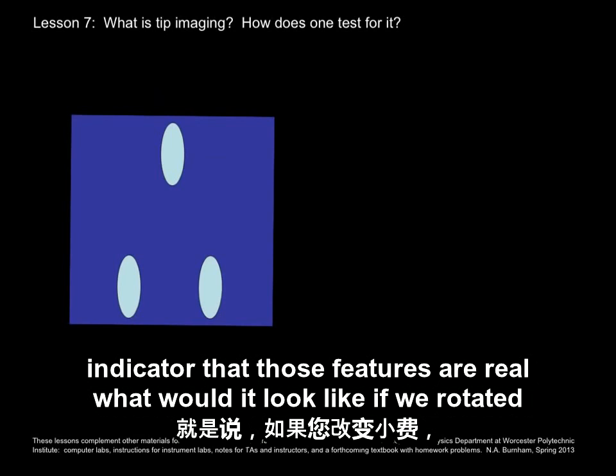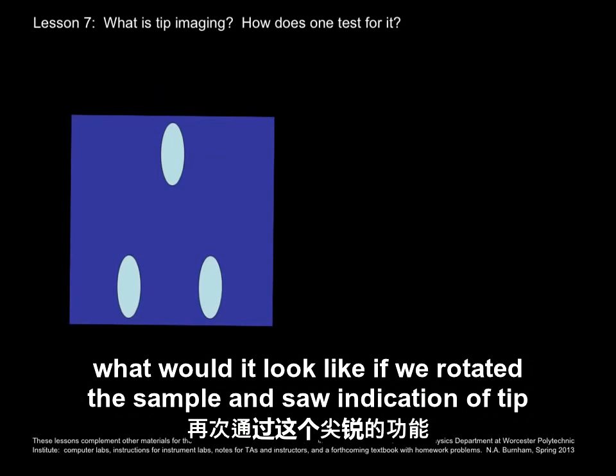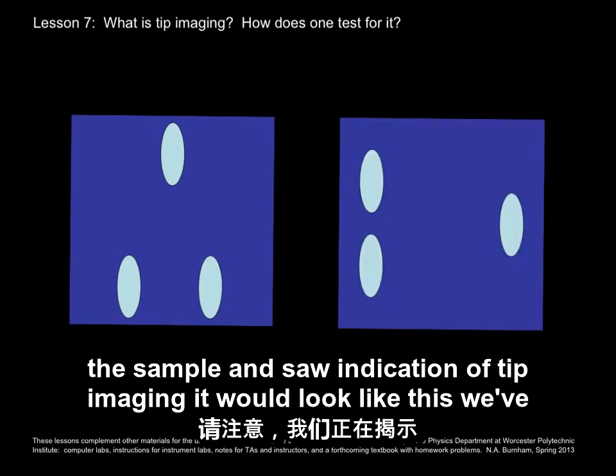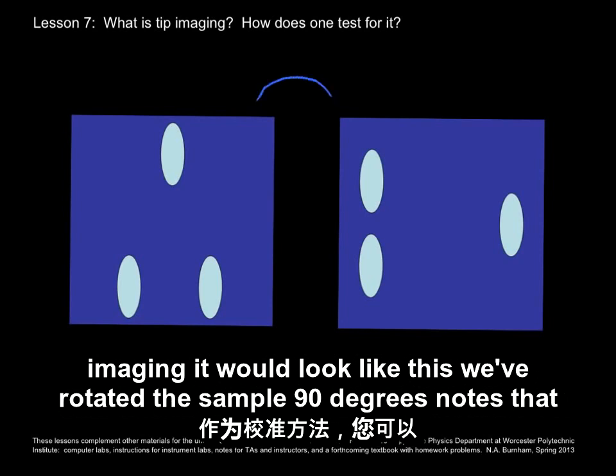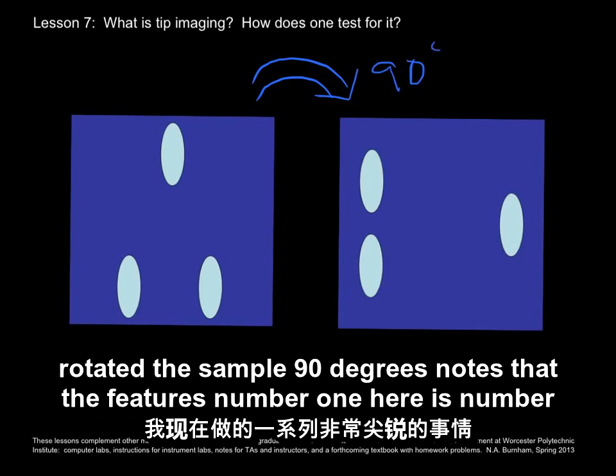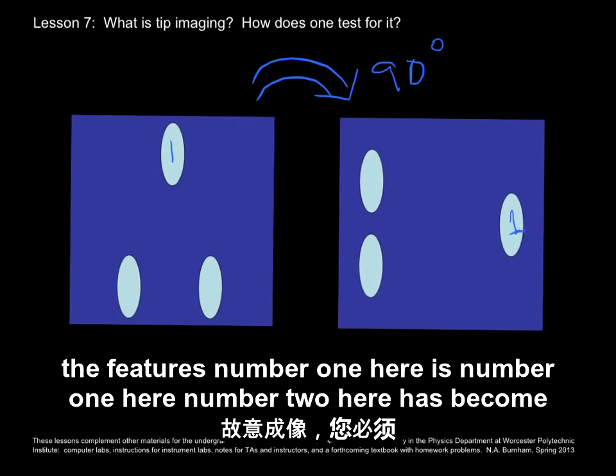What would it look like if we rotated the sample and saw indication of tip imaging? It would look like this. We've rotated the sample 90 degrees. Note that number 1 here is number 1 here.